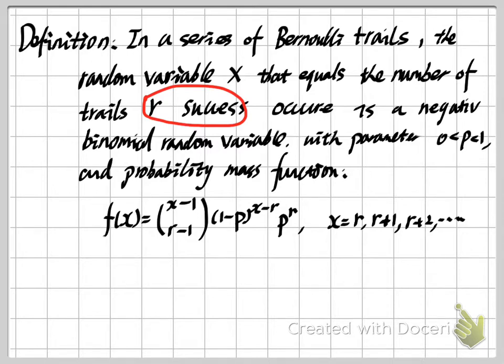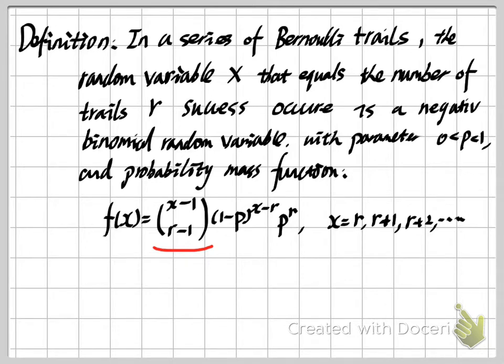Based on this idea, we can get our probability mass function. The first term is still a combination: we select R minus 1 objects from a total of X minus 1 objects, and the order does not matter, so this is an unordered arrangement.